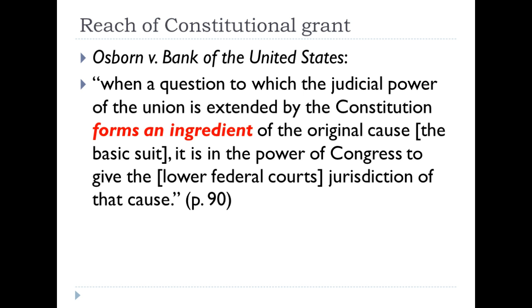When the Supreme Court used the words the original cause, what they meant was the basic suit, the complaint, the answer.